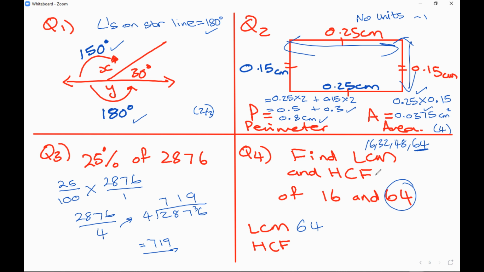And then the highest common factor is the numbers that can divide into both. What's the highest number that can divide into both? I can divide this number by 16, and I can divide this number by 16, and there's no bigger number that I can divide into both. So 16 is the answer.